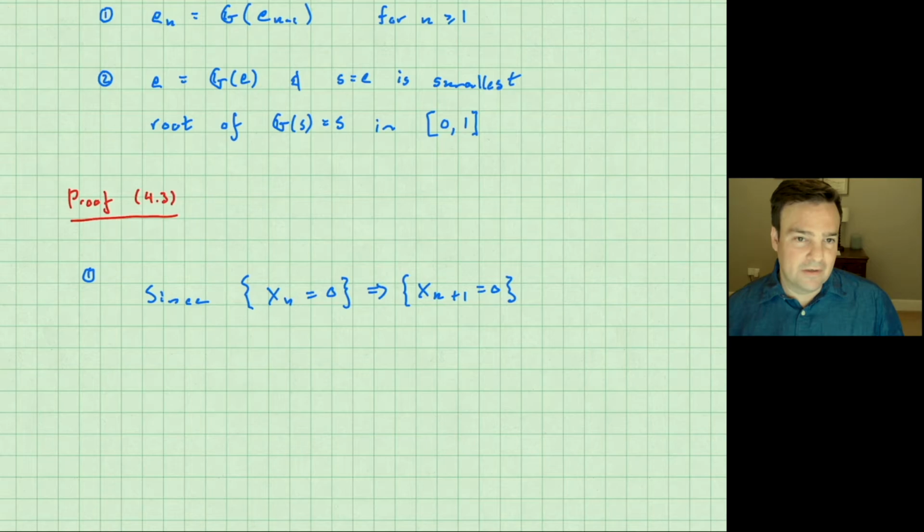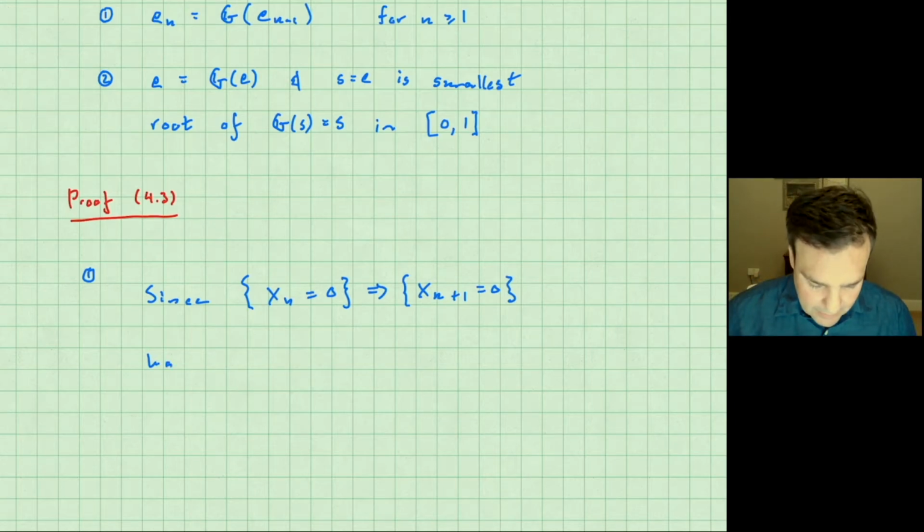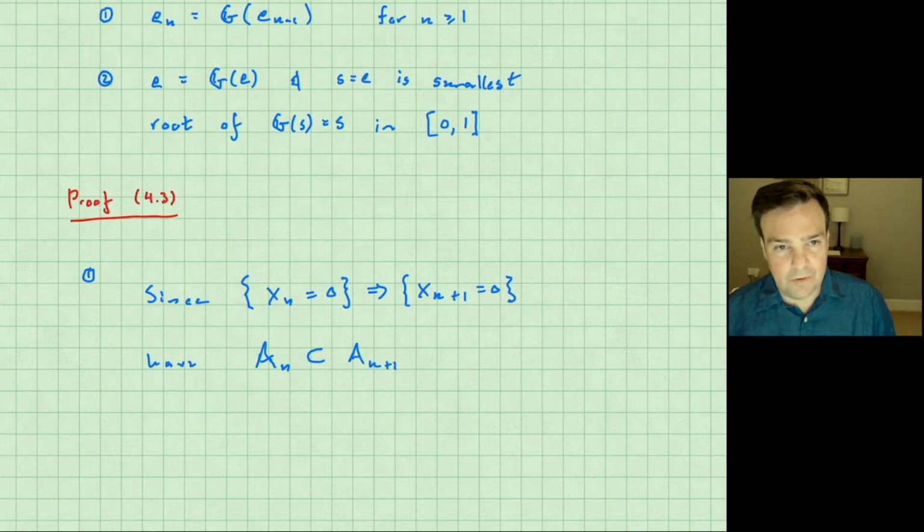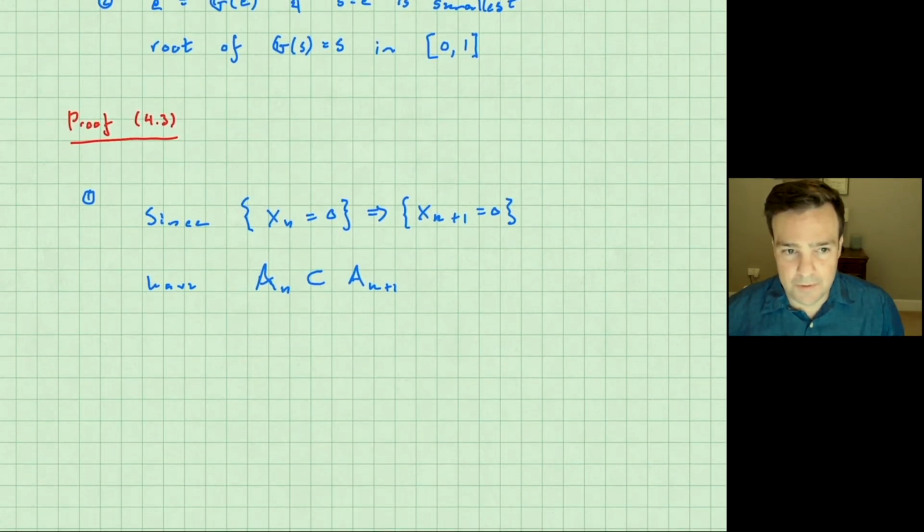So if you're extinct at time n, then you will be extinct at time n plus 1. That makes sense. Therefore, A_n, that event, the event X_n equals 0, is a subset of A_{n+1}, right? So all the outcomes that cause extinction at time n are a subset of all the outcomes that cause extinction at time n plus 1, right?